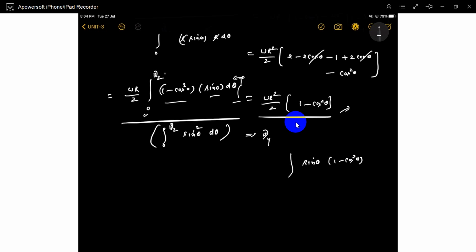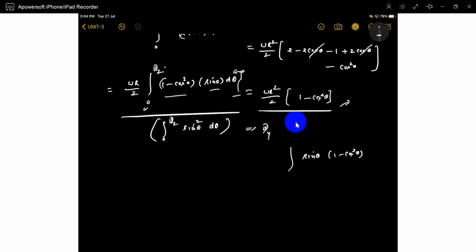So first we will solve the integration, later we will apply those limits. Take t equal to sin theta, you already know this method.